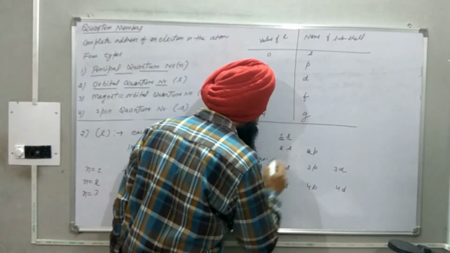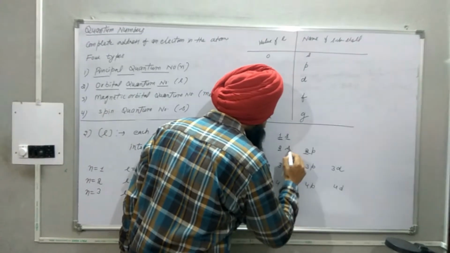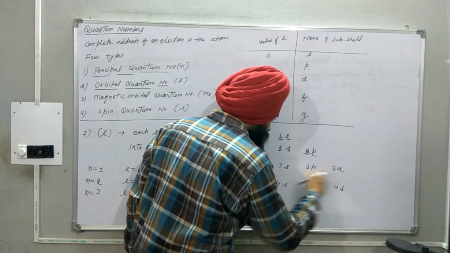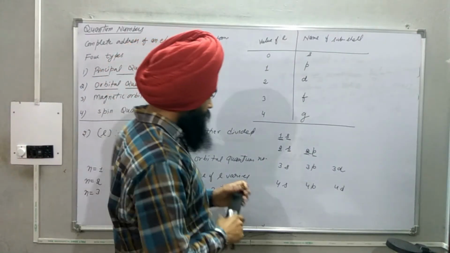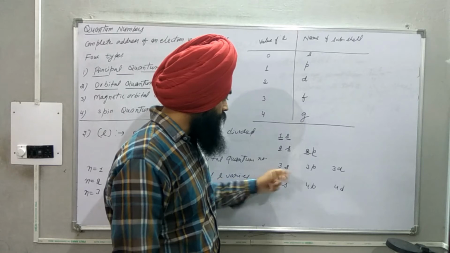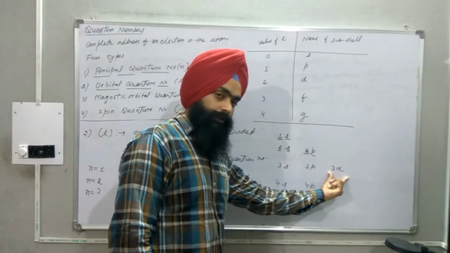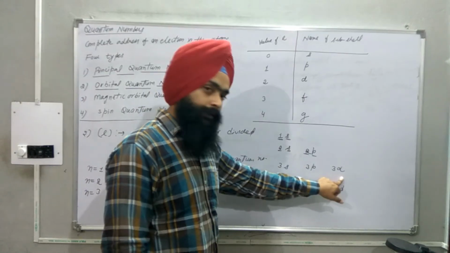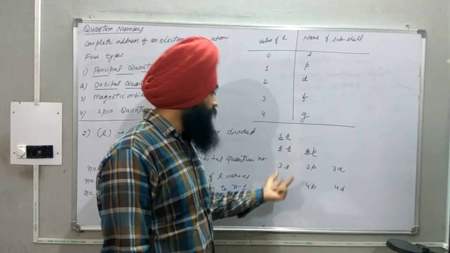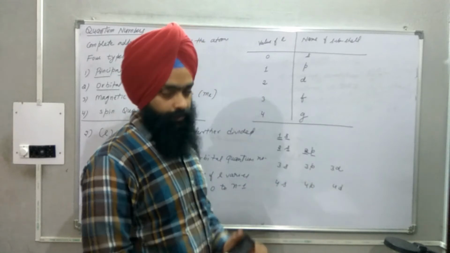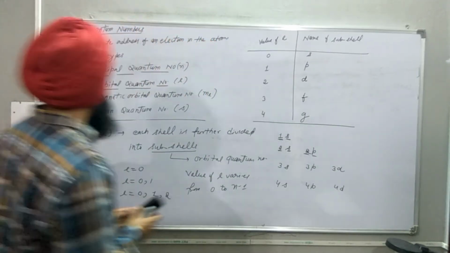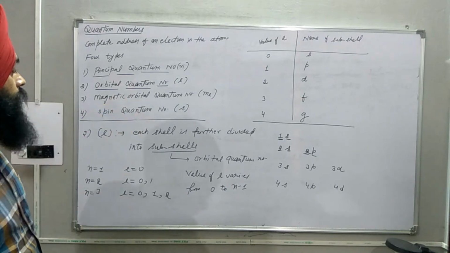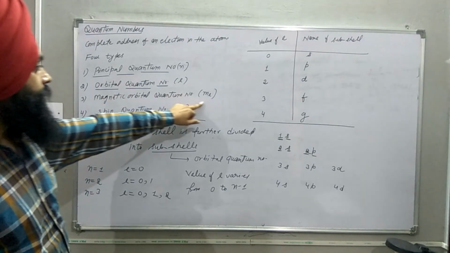This is the orbital quantum number. Principal, orbital, principal, orbital. You can see here the principal quantum number is same for these three subshells. For s, p, d, the value of n is same, but value of l is different here. So let us move to the third quantum number, that is called magnetic orbital quantum number. It is represented by ml.